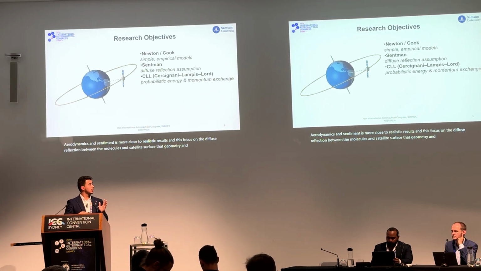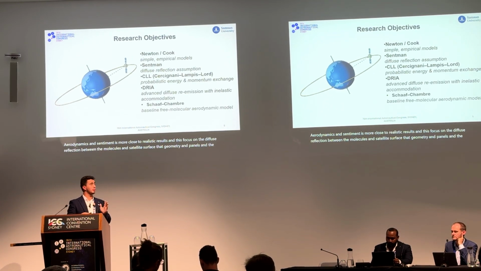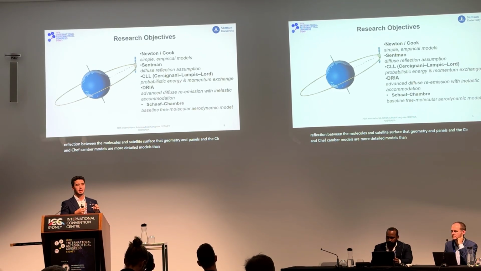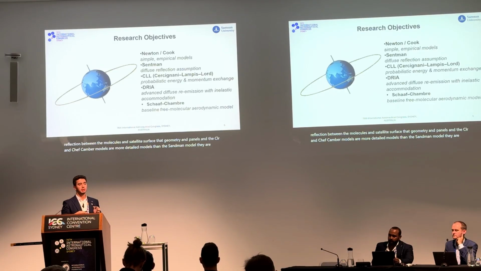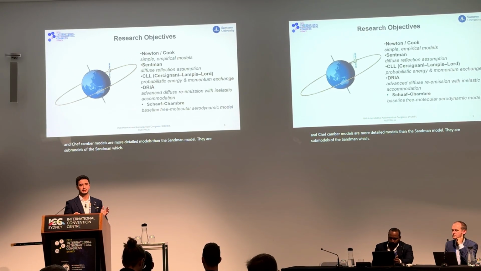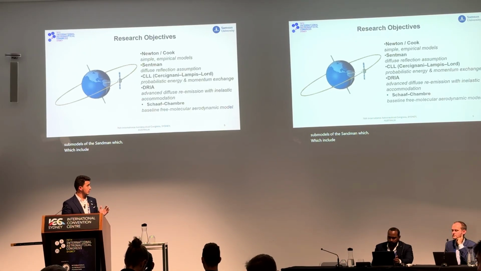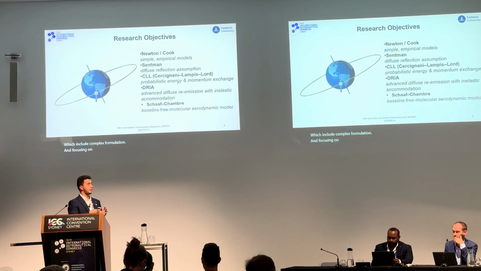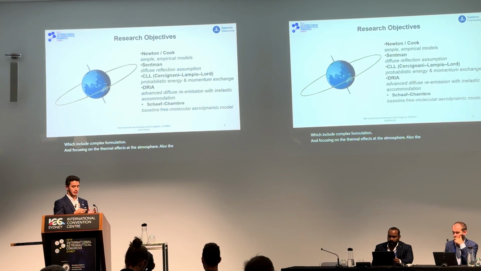The CLL, DRIA, and Schaaf-Chambre models are more detailed than the Sentman model. They are sub-models of Sentman, which include complex formulations and focus on thermal effects in the atmosphere and also the materials on the satellite.